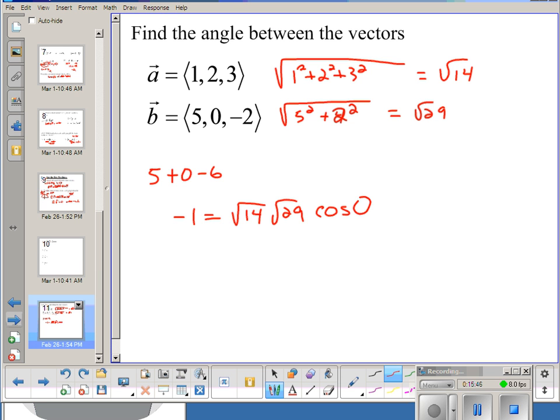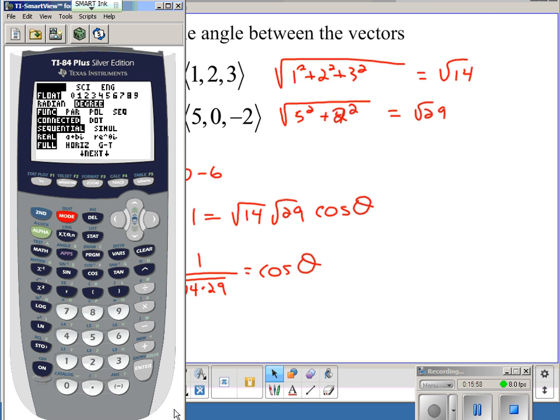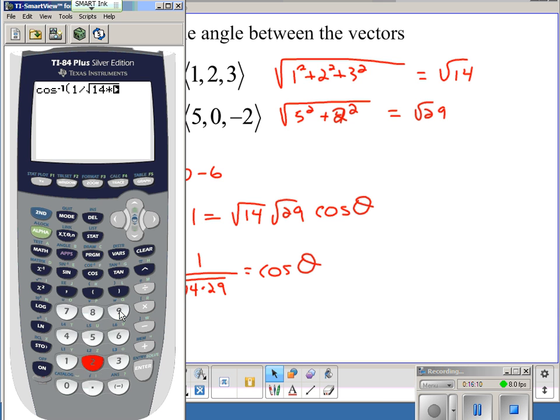And then it's cosine of theta. So -1 over square root of 14 times 29 is cosine of theta. And to find theta, I'm going to do a little inverse cosine action. I am in degrees, and I'm going to inverse cosine of 1 divided by square root of 14 times 29.